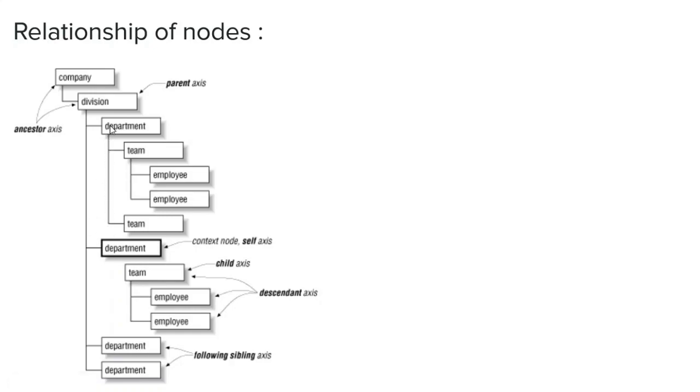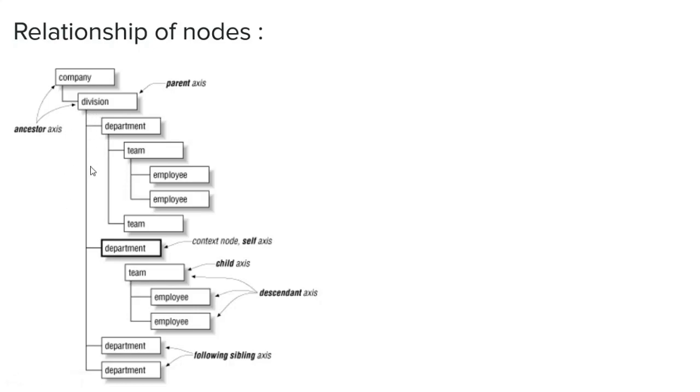And this department comes before this department, having the same parent. So this department is a preceding sibling of this context node. And if you see this company and this division, they are parents of this department.